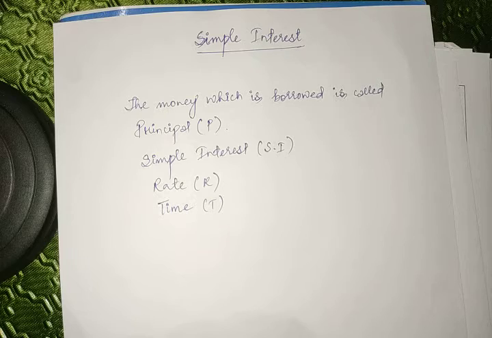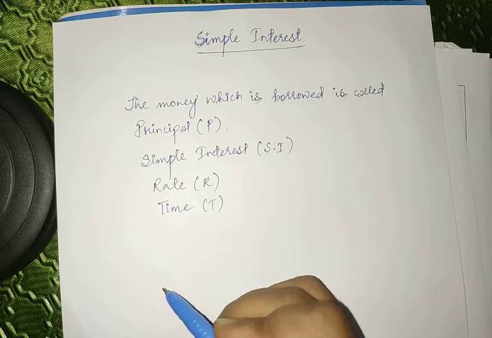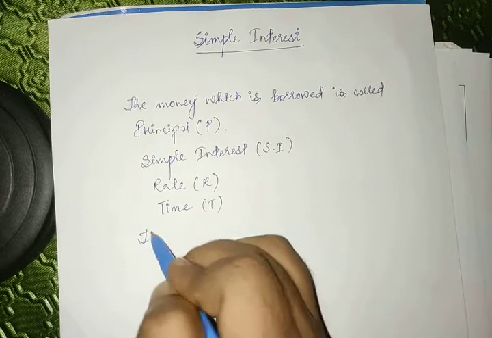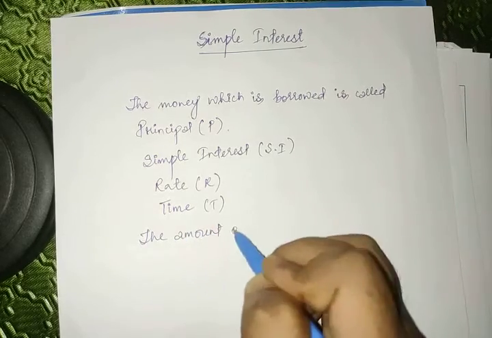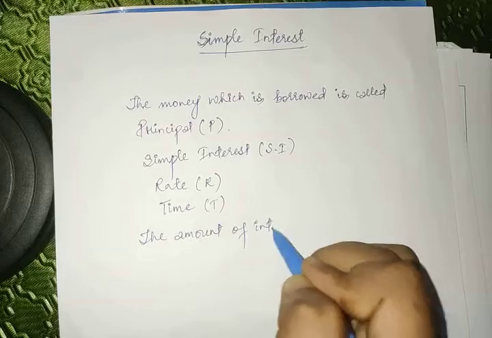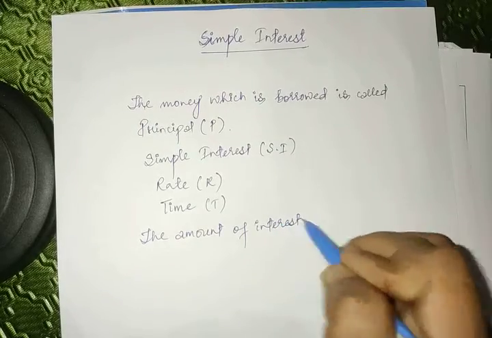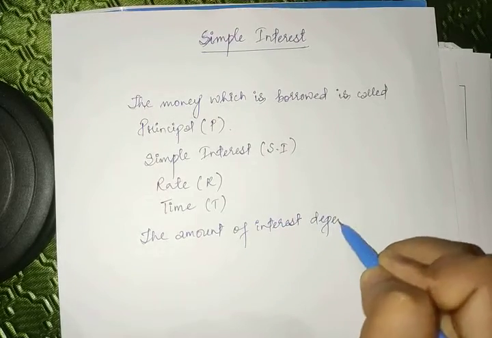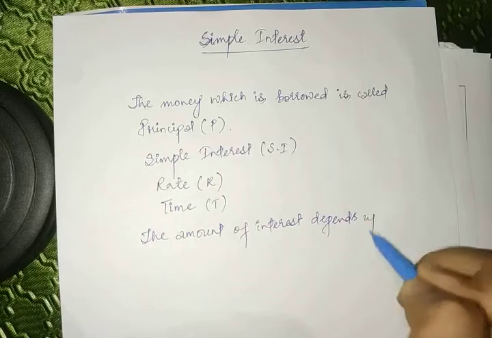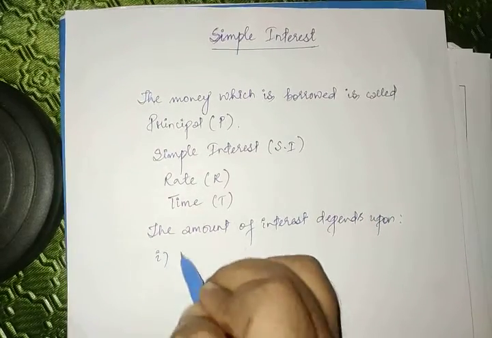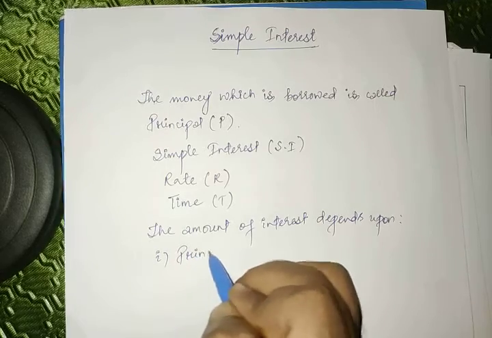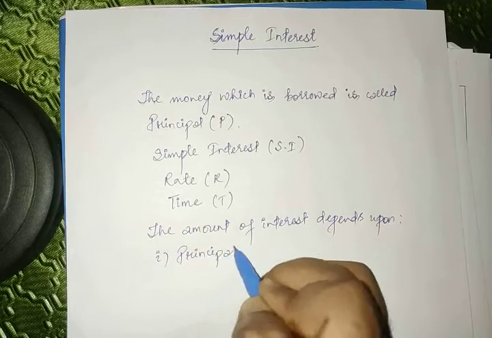And one more thing you have to keep in mind, that the amount of interest depends upon three things. The first one is principal, that means the money that I have borrowed.